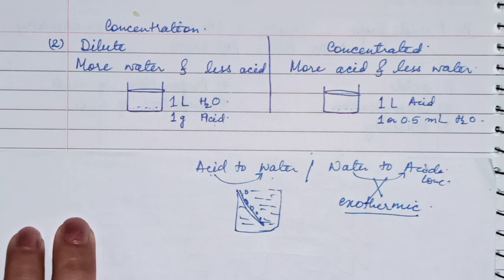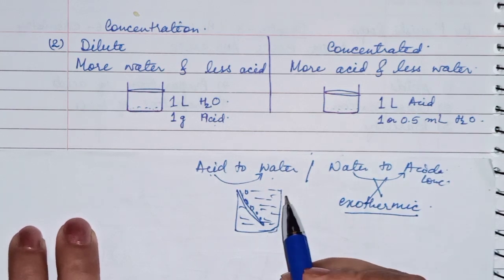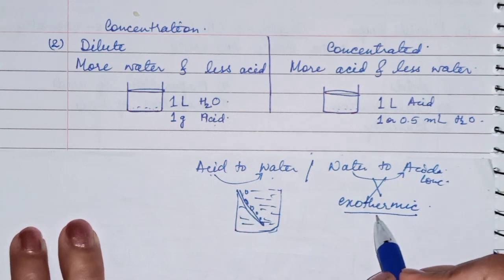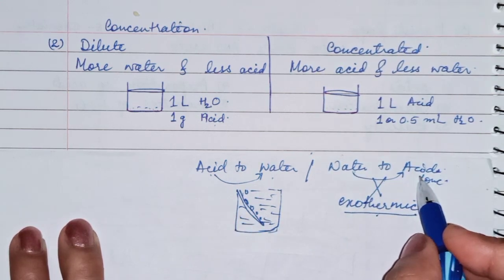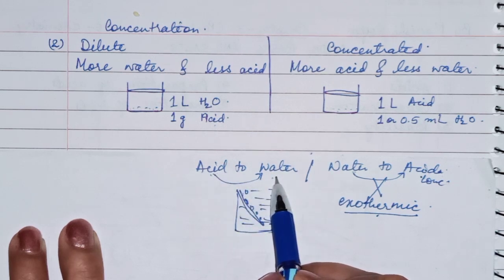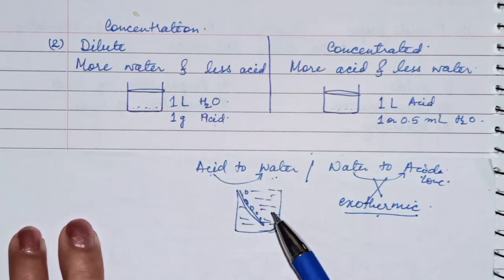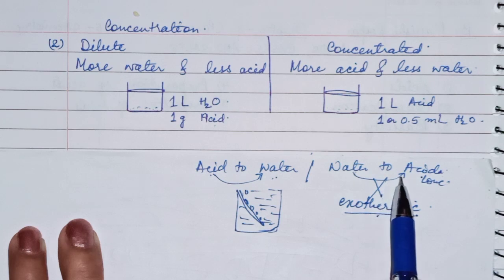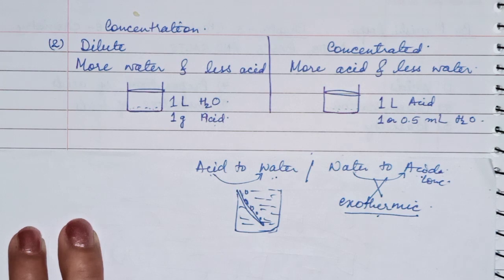This also makes the beaker very hot, but it is not as exothermic as adding water to acid. So remember this point: acid is added to water to make acid dilute. Water is never added to acid. It is very dangerous because it is highly exothermic in nature.